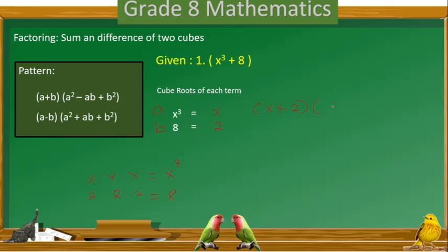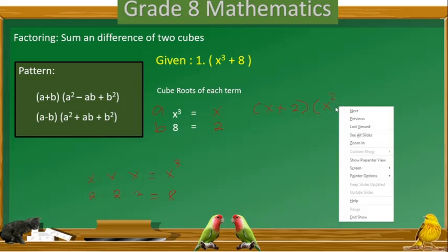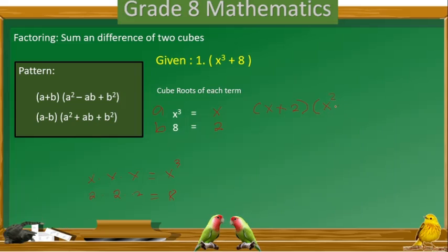So this becomes x squared. Then the opposite sign. Then here it says you multiply a and b. So 2 times x, that is 2x.